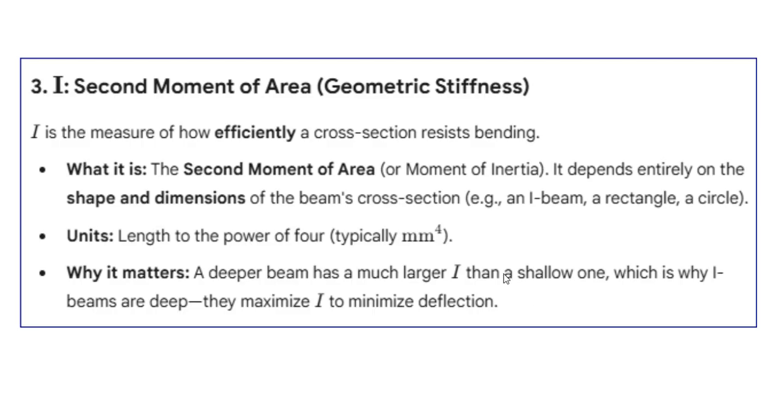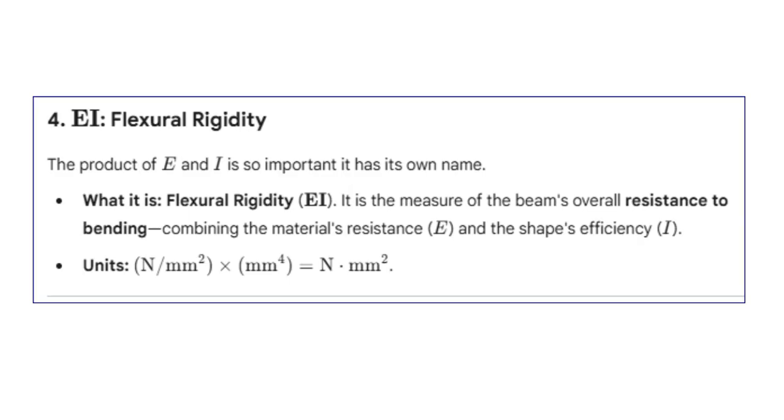How beautifully the area is distributed when considering the web direction of the rolled section. That's why it gives more bending resistance, more geometrical stiffness to the beam, compared to the thickness in the width direction along the line of bending. So EI is the flexural rigidity.